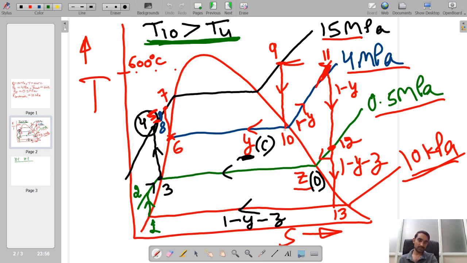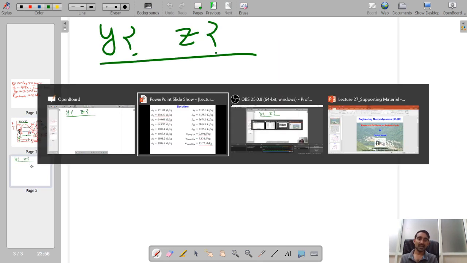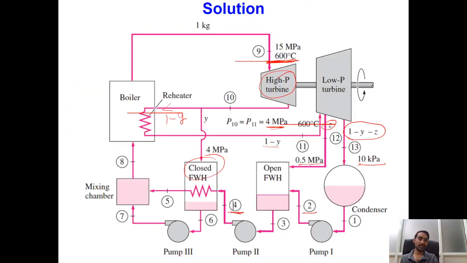You can go through the schematic representation we had earlier. In the closed feed water heater, Y fraction is coming with enthalpy of point number 10, and 1 minus Y minus Z fraction is coming with enthalpy H4.